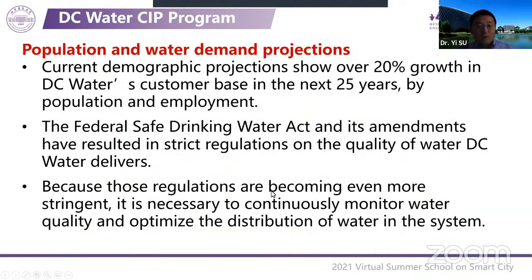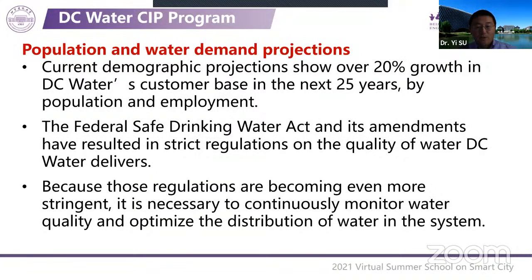So also the demand needs to be projected. Current demographic projections show over 20% growth in DC Water's customer base in the next 25 years. The Federal Safe Drinking Water Act and its amendments have resulted in stricter regulations on the quality of water DC Water delivers.